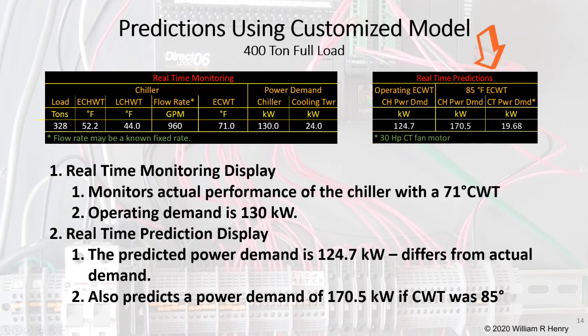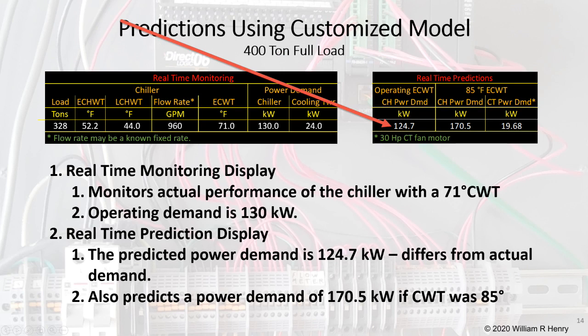This is an example of how a prediction model can display real-time results coincident with a display of monitored readings. The real-time monitoring display on the left shows the operating condenser water temperature to be 71 degrees Fahrenheit, and the actual power demand at the chiller is 130 kilowatts. On the right, the real-time prediction display predicts a power demand of only 124.7 kilowatts for the chiller.